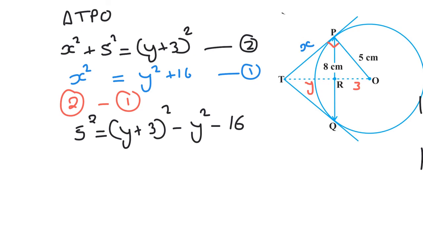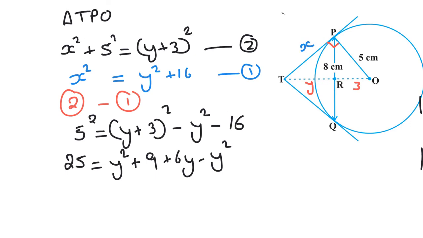So now we can open the brackets. 5 squared is 25. Y plus 3 the whole squared is in the form a plus b the whole squared. So it's y squared plus 9 plus 6y minus y squared minus 16. Y squared cancels with minus y squared.